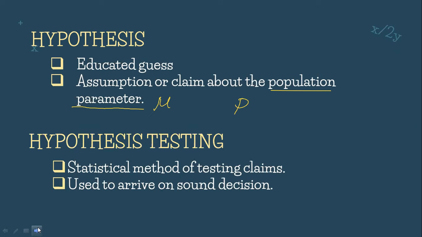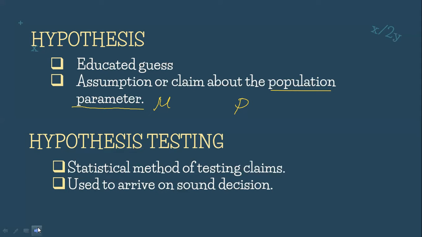And just like any other process, it has steps. The hypothesis testing has 4 steps, which will be discussed in our next video. It is used to arrive at a sound decision because we are dealing here with numbers, and we all know that numbers don't lie.